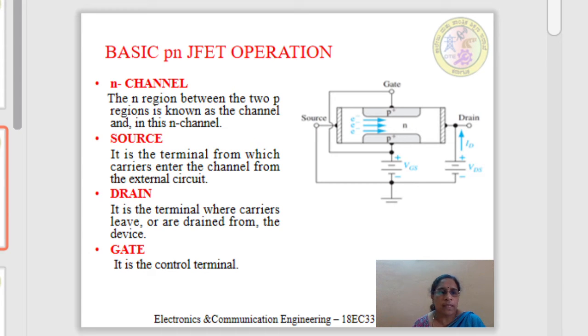Drain is the terminal where carriers are received and from where they leave. So source and drain are the two terminals where carriers enter and where carriers leave. The gate is the control terminal, because the electric field that controls the drain current flow is applied to this terminal only. Therefore all controlling action is done by the gate terminal.